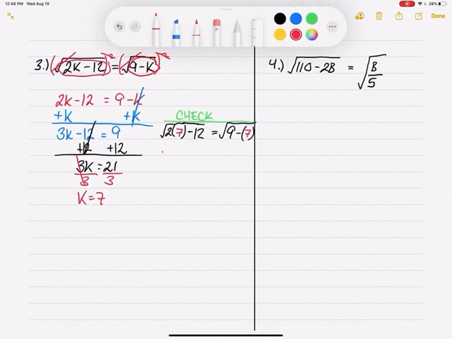All right, 2 times 7 is 14, so I have 14 minus 12 on the left, and I have the square root of 9 minus 7, which is going to be 2. On the left, 14 minus 12 is 2, so I have the square root of 2 equals the square root of 2. My sides match. I'm good to go. k equals 7 is my answer.